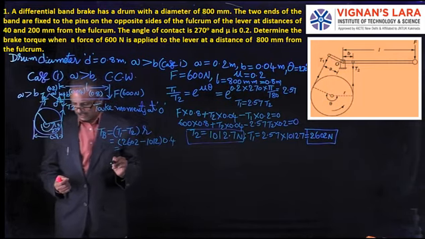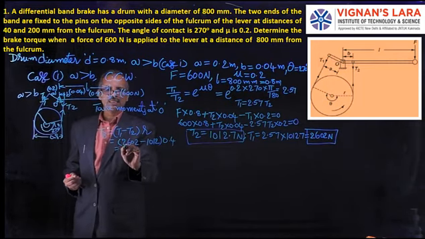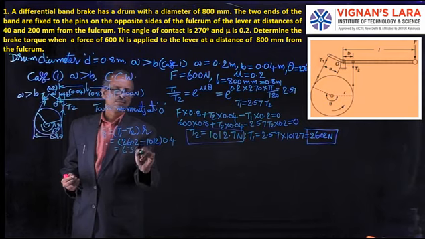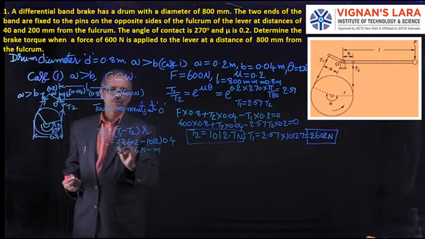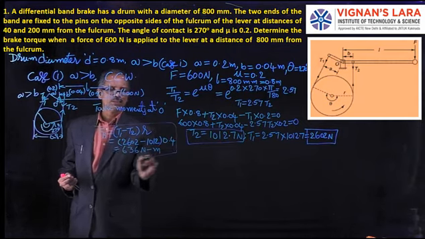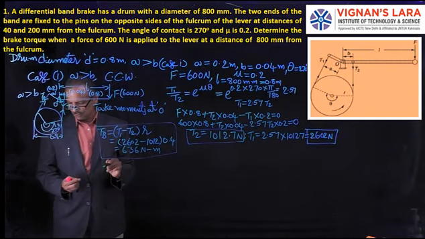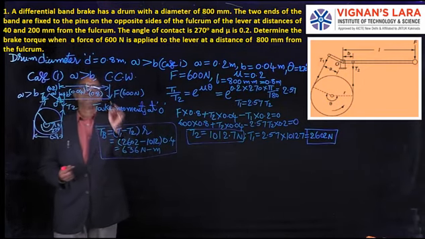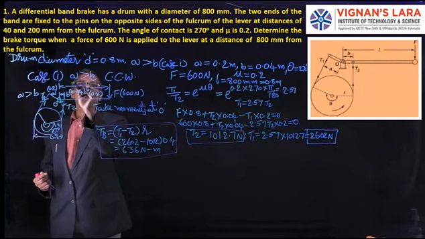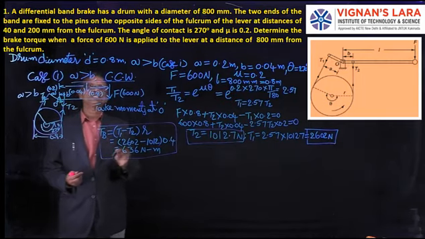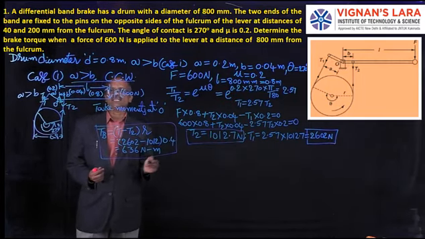Then you get 636 Newton meter. You get the braking torque as 636 Newton meter. This is for A greater than B and counterclockwise rotation.